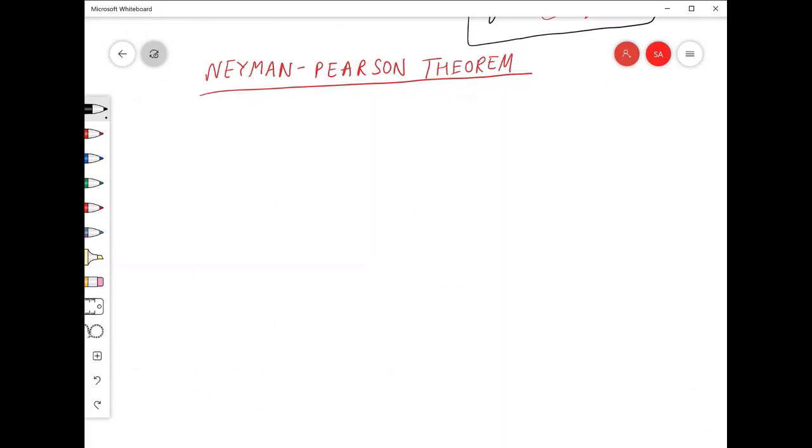Okay, so what we are essentially doing is we are trying to maximize the probability of detection. Can I write the probability of detection?